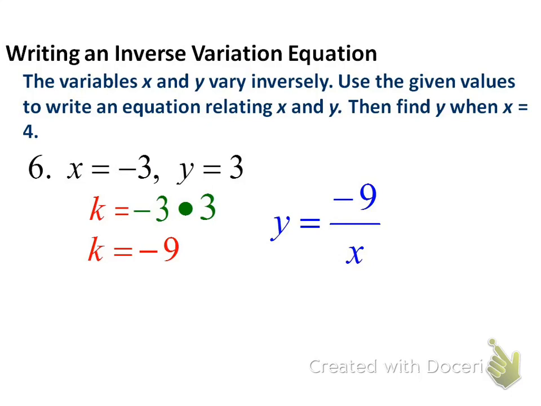Alright, now you're just trying to find y when x is 4. So replace that x with a 4. You can't simplify that, so y just equals -9/4. What are your questions?